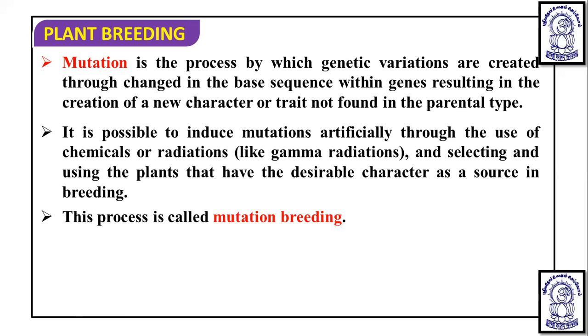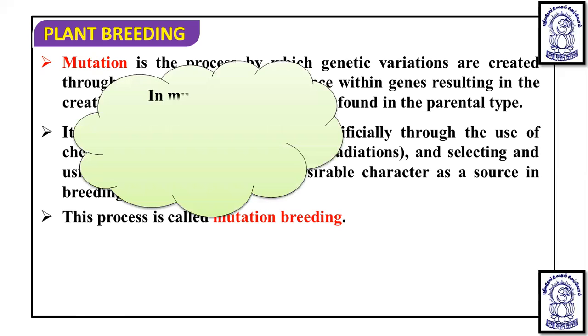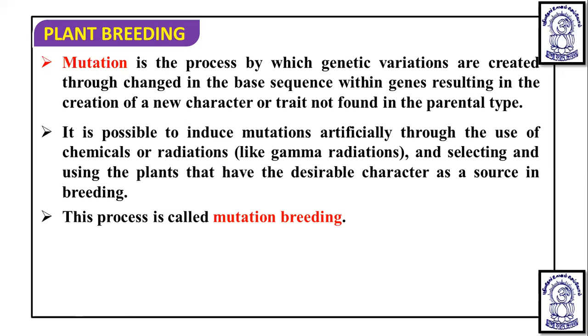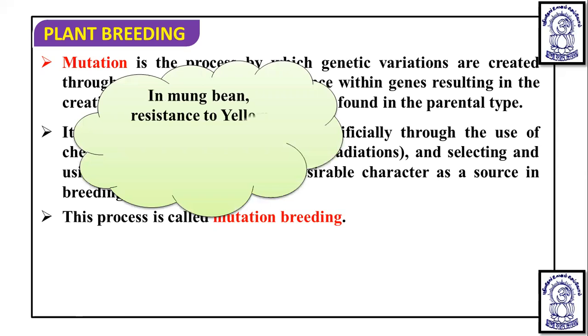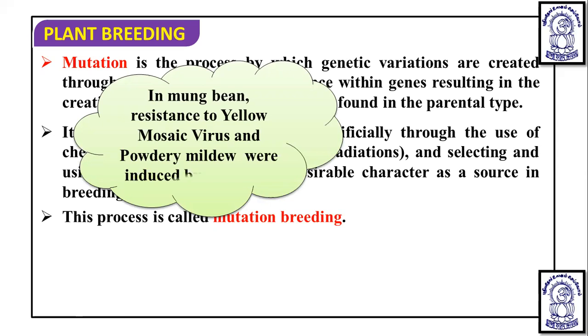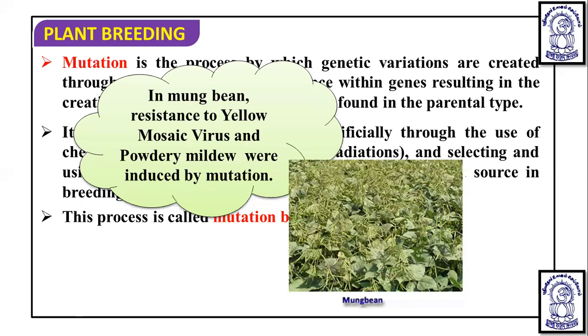So by inducing a mutation, we can create a new variety. If we take an example, in mung bean, resistance to yellow mosaic virus and powdery mildew was induced by mutation. It is one of the important examples where induced mutation helped in incorporation of this resistance.